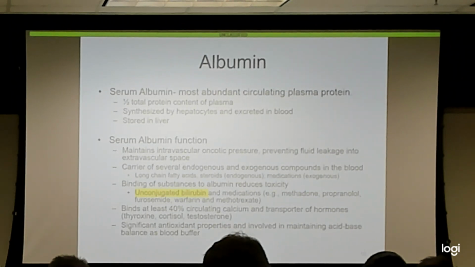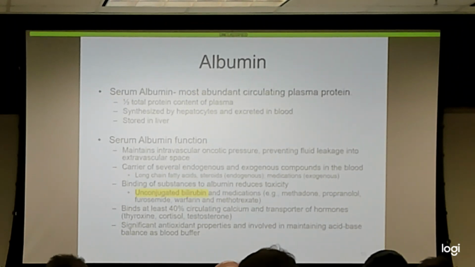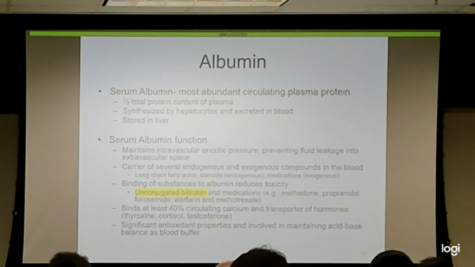Okay. Some serum albumin functions: maintains intravascular oncotic pressure, preventing fluid leakage, and is a carrier of several endogenous and exogenous compounds in the blood. It carries long-chain fatty acids, steroids, medications, binding to substances to reduce toxicity and to make things hydrophilic.